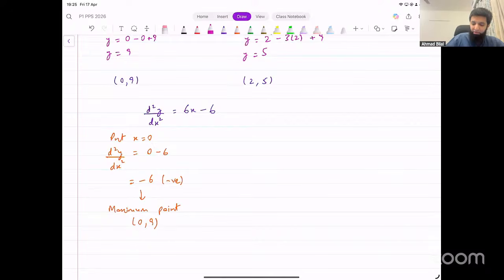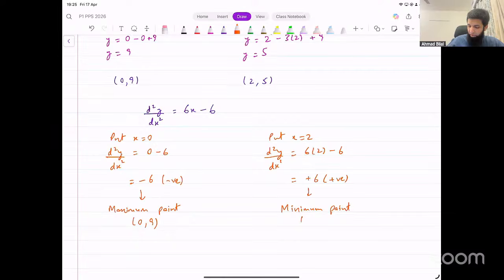Now, the second thing you do is you input x equal to 2, the other value of x. What does that give you? d squared y over dx squared is equal to 6 into 2 minus 6, and that gives you plus 6. That's a positive number. And what does that tell you? It's a minimum point. There's a minimum point at the point (2, 5).